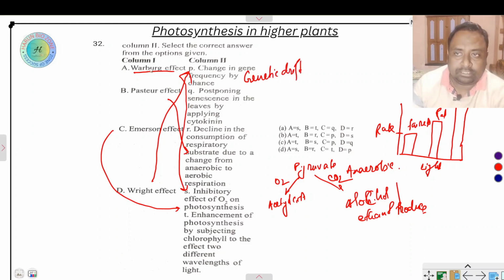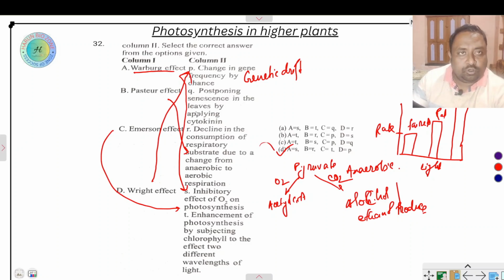So here the correct options: A, Warburg effect, is S. B, Pasteur effect, is R. C, Emerson effect, is T. And D, Sewall Wright effect, is Q. So D is the correct one.